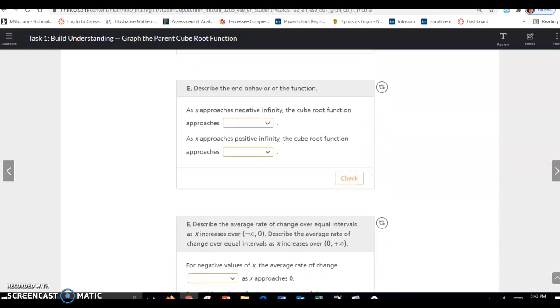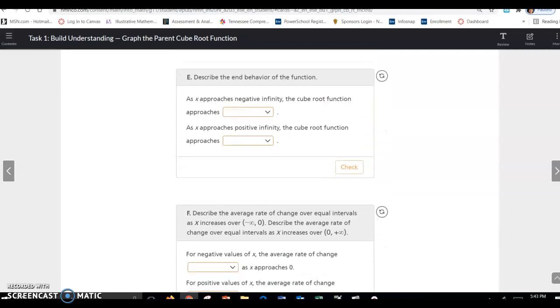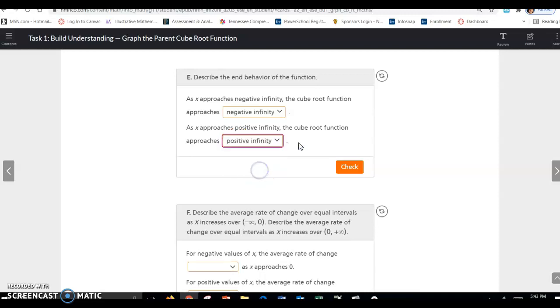Since it continues in both directions with arrows, that means it's increasing without bound. So as x approaches negative infinity, the cube root function approaches negative infinity, and as x approaches positive infinity, the cube root approaches positive infinity.